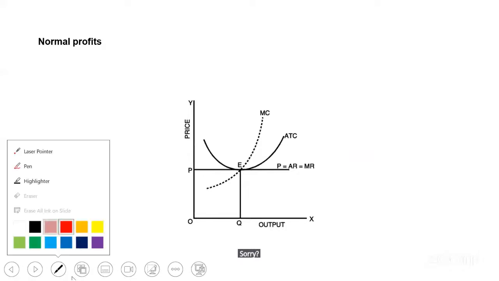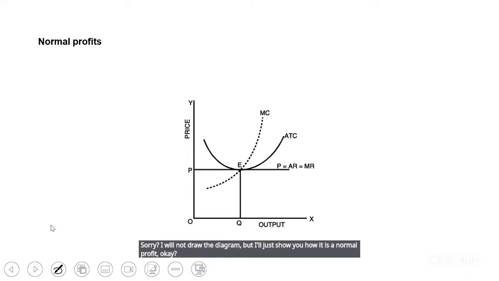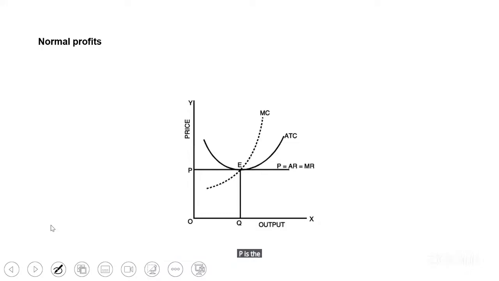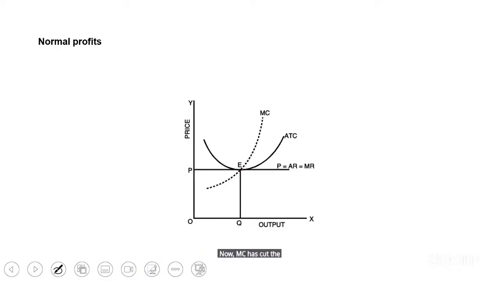I will not draw the diagram, but I'll just show you how it is a normal profit. P is the price line where AR is equal to MR, MC curve, and ATC is nothing but average total cost or AC curve. Now, MC has cut the MR curve in this point. So this is the equilibrium point. Can you see this?